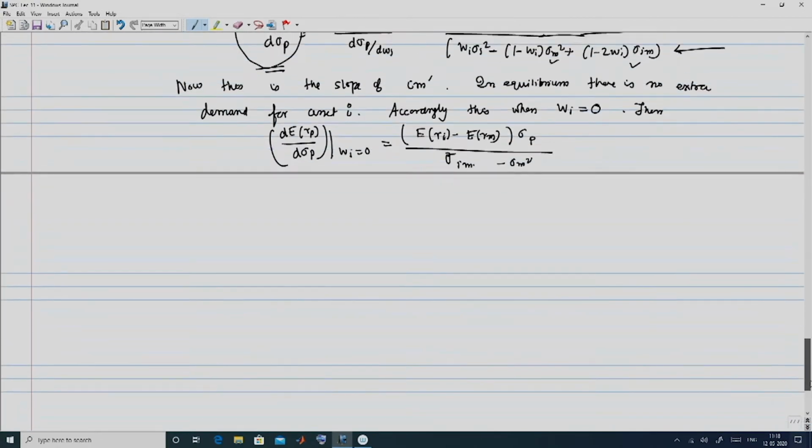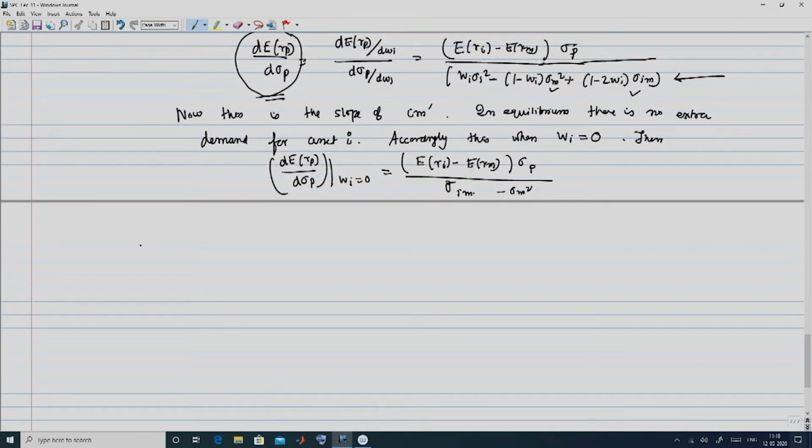Okay. Now, we make an observation about the slope of the curve I m prime when W I equal to 0. Remember that this has to be reconciled with the fact that when W I equal to 0, your portfolio P does not have any extra investment in the ith asset, so it has the same investment as the market portfolio.